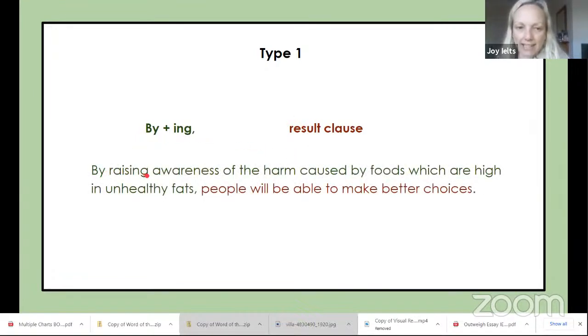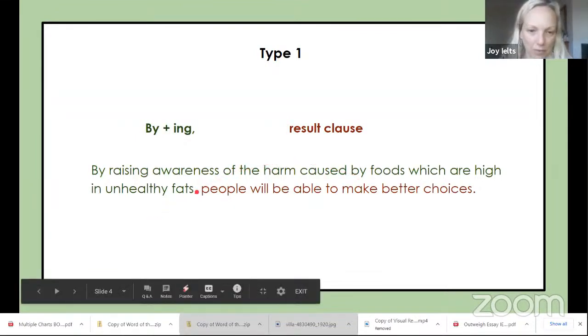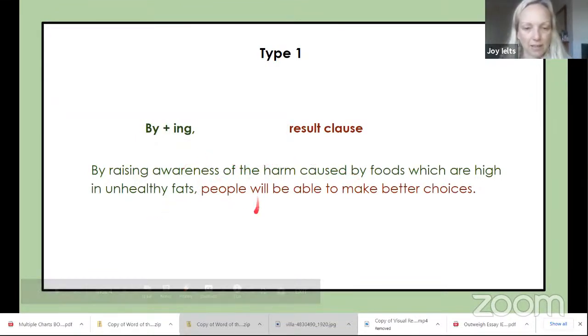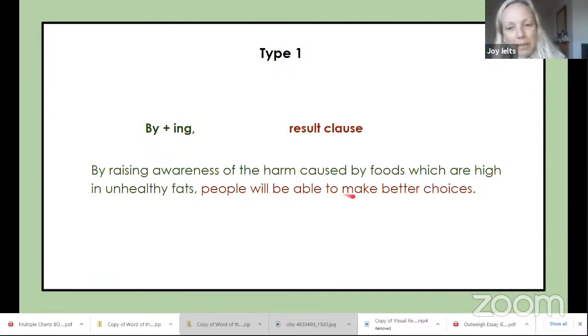By raising awareness of the harm caused by foods which are high in unhealthy fats, comma, people will be able to make better choices. So we've got the by and ing, and it's a 2-part sentence. We've got the cause, and then we've got the result. And this is a great structure to use after your topic sentence. We're going to practice this in a minute. So that's type 1.